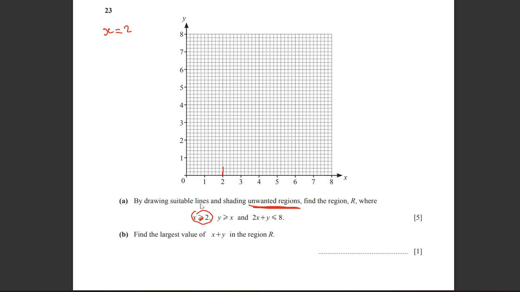You should use a ruler, of course, but I am doing this like a free sketch. This is x equals, so I'm going to write it here. And then x greater than: this is the area of x greater than, but he said shade the unwanted region, so I am going to shade the unwanted region area like this.